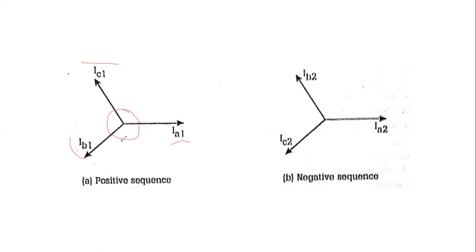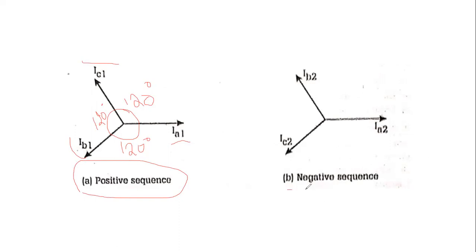The phase displacement from A to B phase is 120 degrees, from B to C phase is also 120 degrees, and from C to A phase is also 120 degrees. This is the phasor diagram for the positive sequence of the three phases, that is IA1, IB1 and IC1.